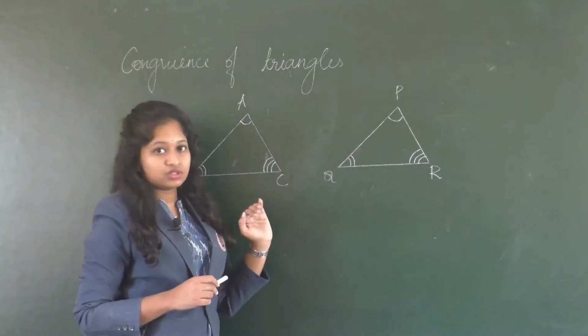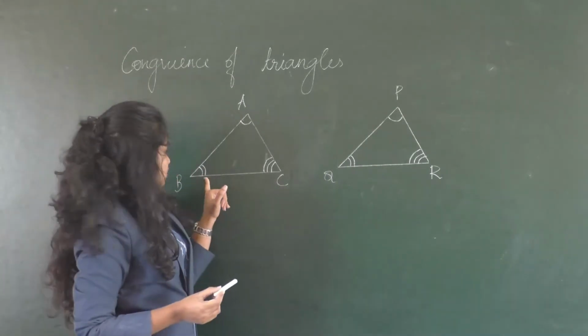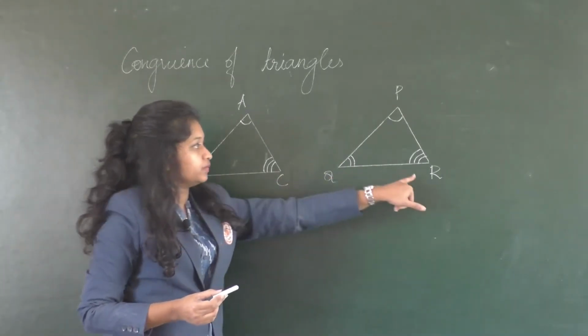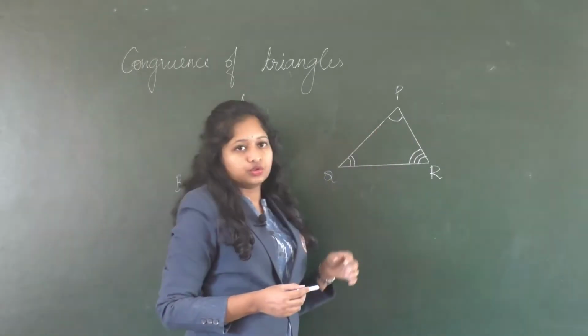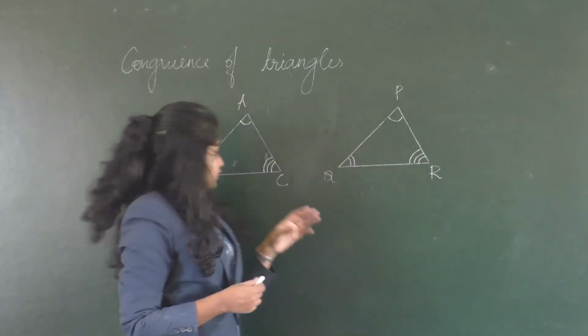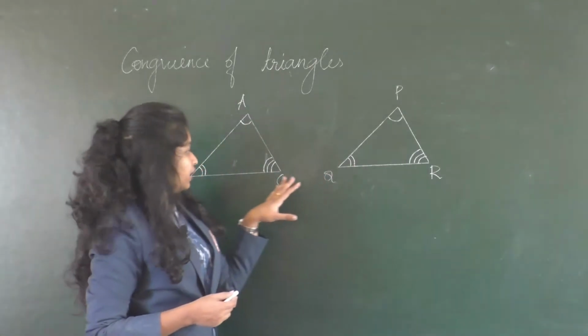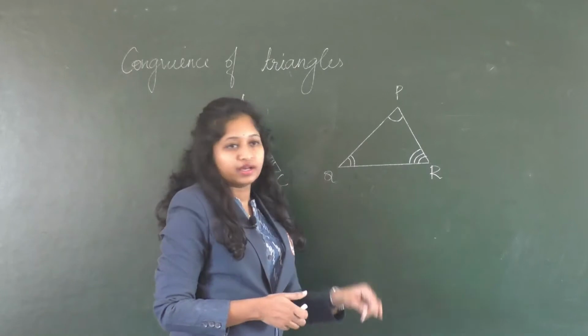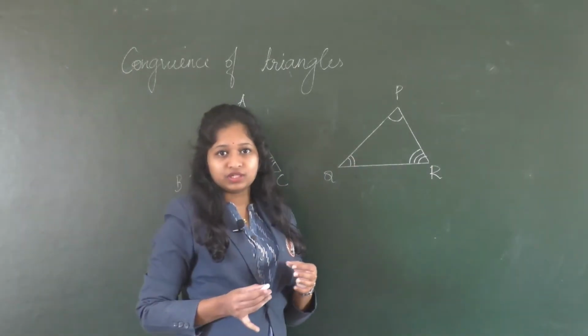Here if you notice, I have marked the angles like this, which are similar. So here angle A is equal to angle P. Angle B is equal to angle Q. Angle C is equal to angle R. So 3 angles are similar.